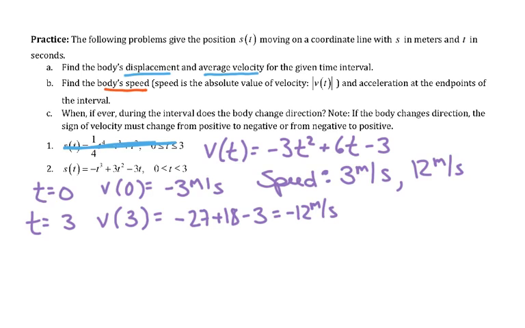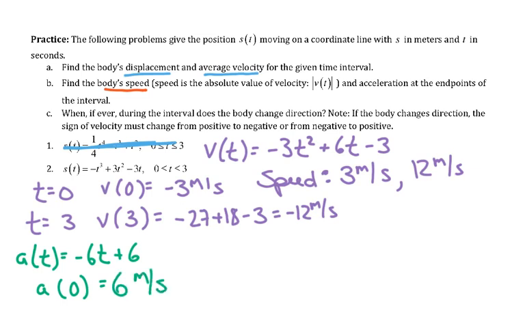Okay, so acceleration, maybe do a different color. Acceleration is the derivative of the velocity function, negative 6t plus 6. At time t equals 0, we have 6 meters per second squared.